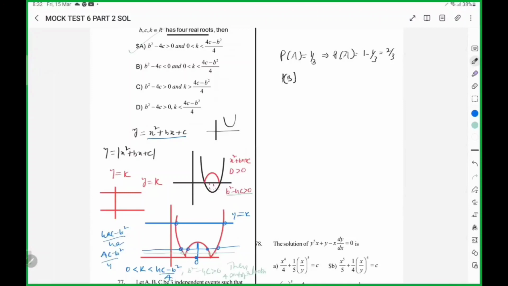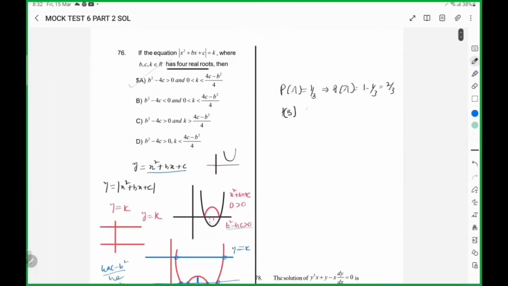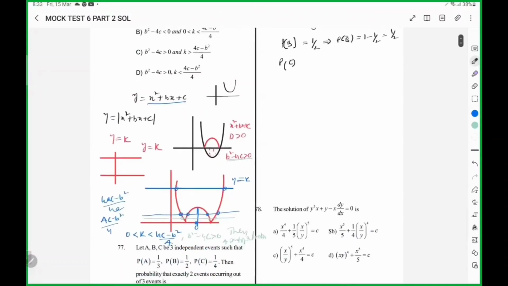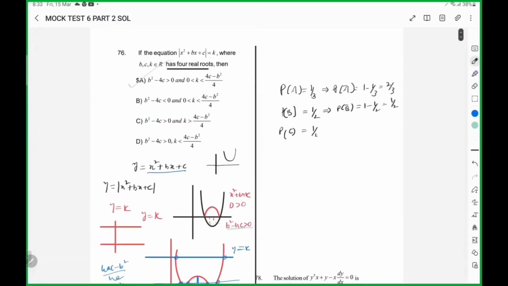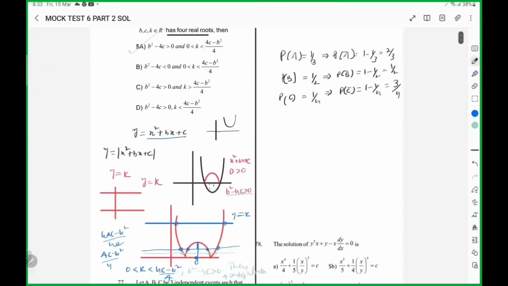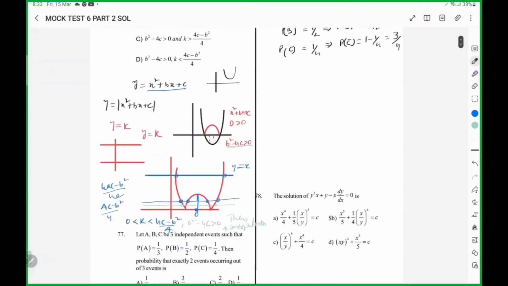P of B is half, P of B bar will be half. P of C is 1/4, P of C bar is 3/4.